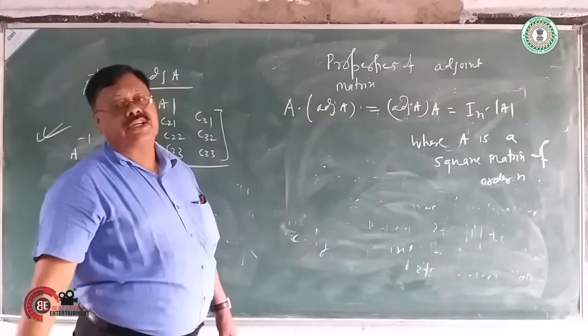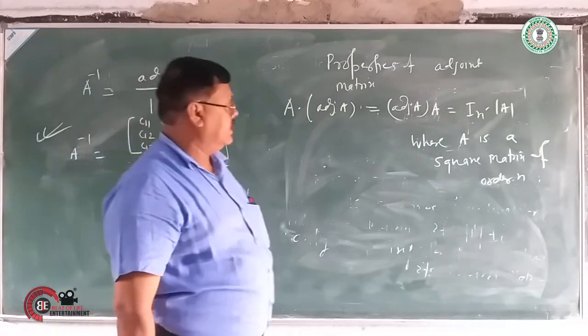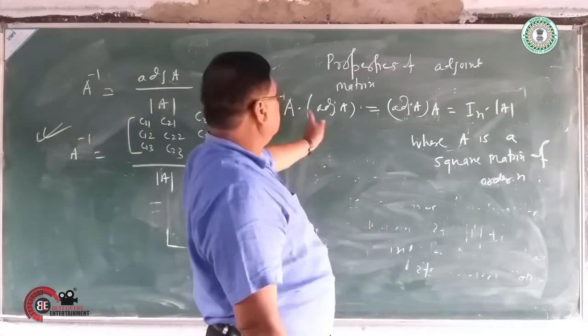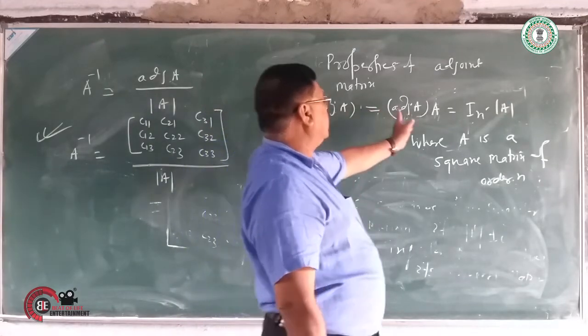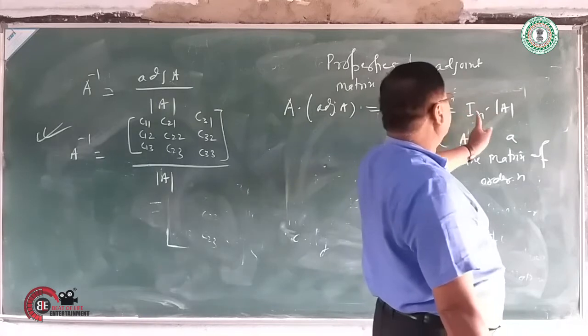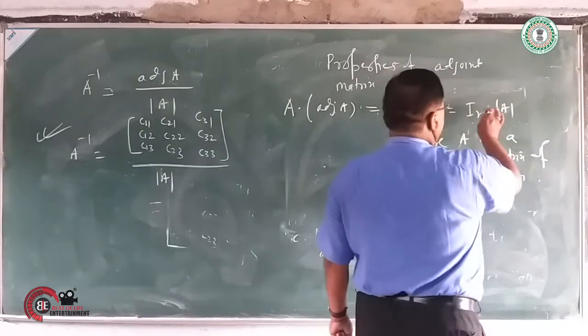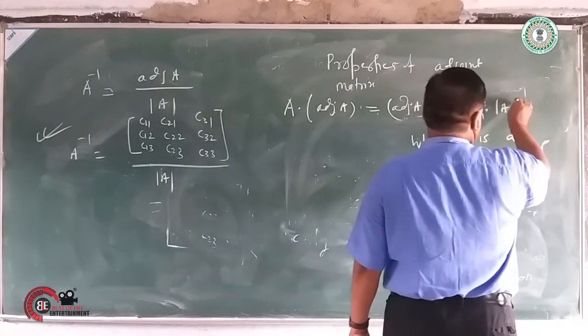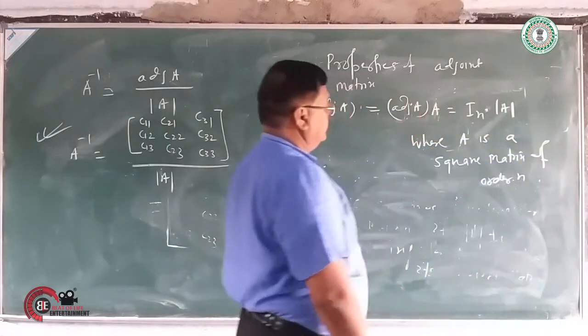If A is a square matrix of order n, then A into adjoint A equals adjoint A into A equals In into determinant A. This is the formula, the property.